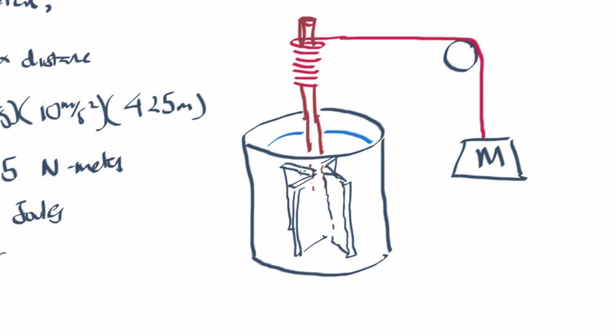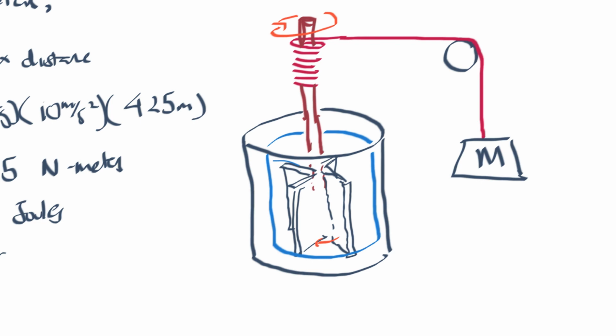And so as this weight was allowed to fall, what would happen is that this shaft would rotate as it fell. So this shaft would rotate around in this direction as it fell, and these fins would then, of course, spin around, and they would churn the water. And while they were churning, the water would heat up a bit.